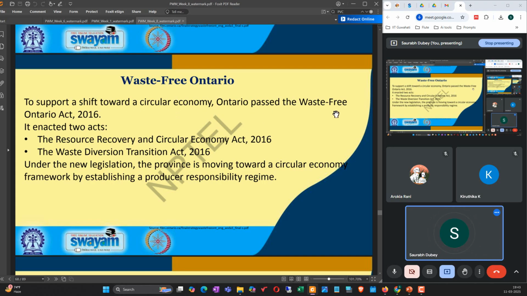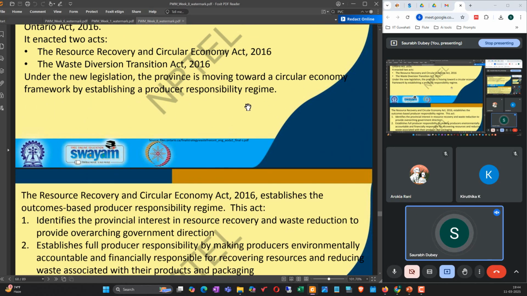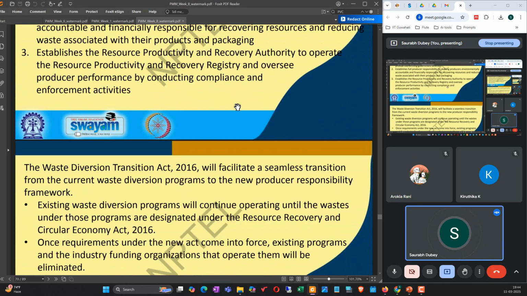Ontario passed the Waste-Free Ontario Act, which is 2016. It enacted two acts: the Resource Recovery and Circular Economy Act, and the other one is the Waste Diversion Transition Act. Under the new legislation, the province is moving toward a circular economy framework by establishing a producer responsibility regime, right?